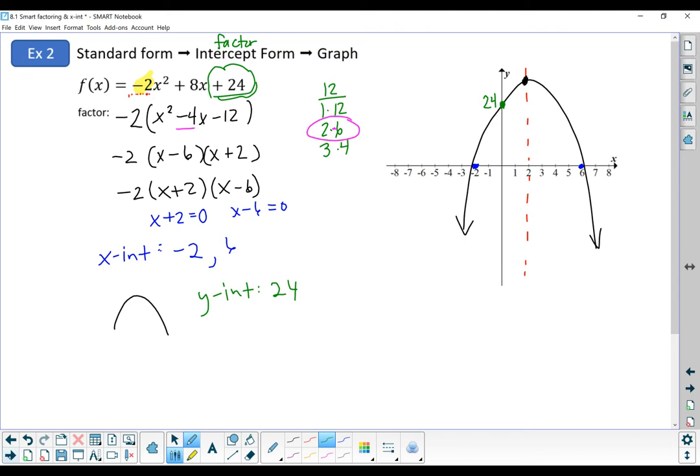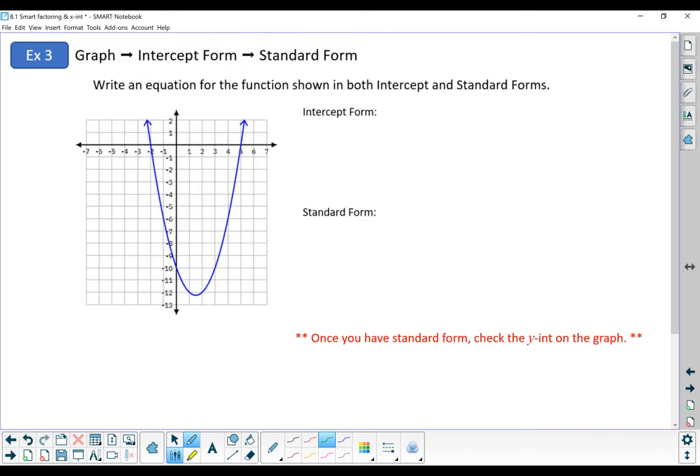All right, so let's do one more example. I'm sorry, we're going to do 2 more examples where we reverse that process. We're going to use the graph to write the equation in intercept and standard form. So in this one, to write the function in intercept form, we need to identify where the intercepts are occurring.